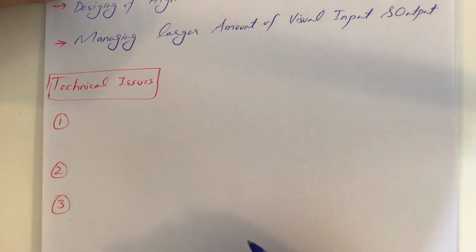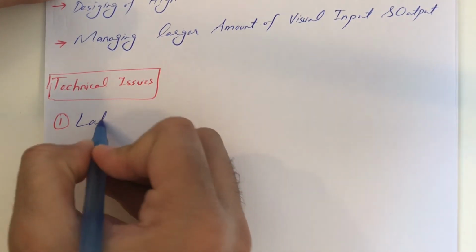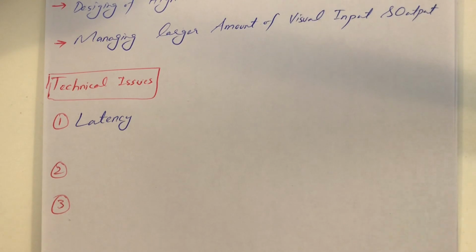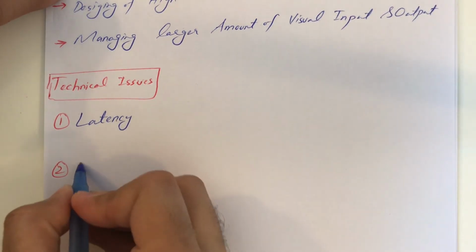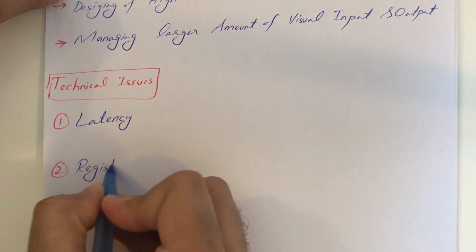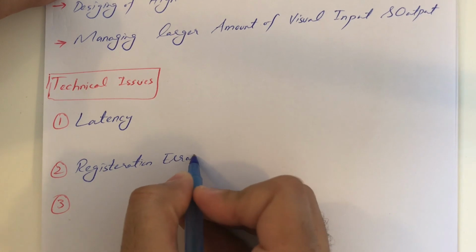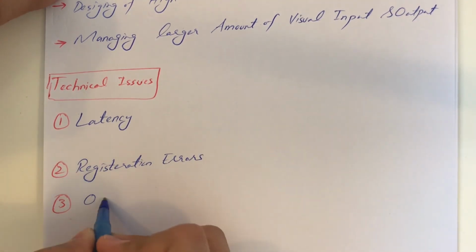One of the technical challenges is latency, or delay: how much time it will take to capture the image and then integrate the digital information by going back to the network and finding the details about it. Then registration errors, where there could be some errors, and the last is occlusions.